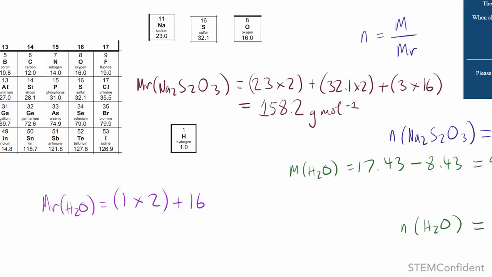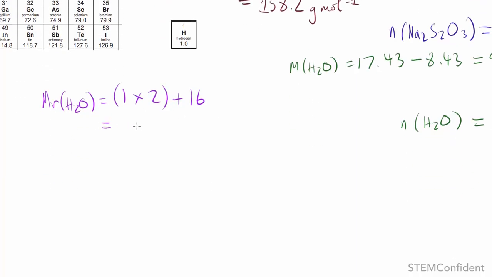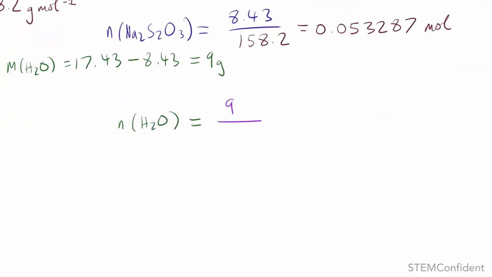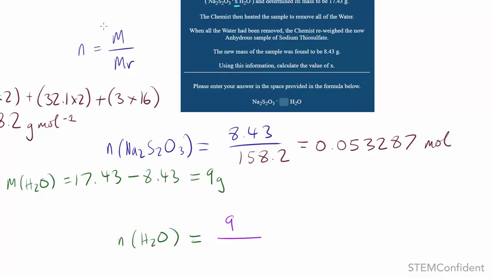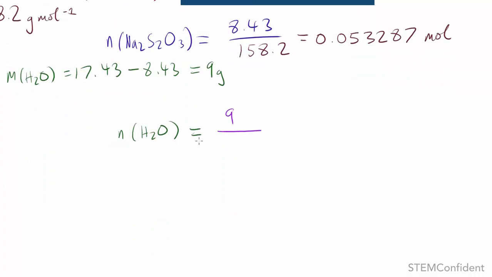And that's going to give us 18 grams per mole. Okay? So with that 18 now, and using the equation, that's basically 0.5, isn't it? So 0.5 moles.